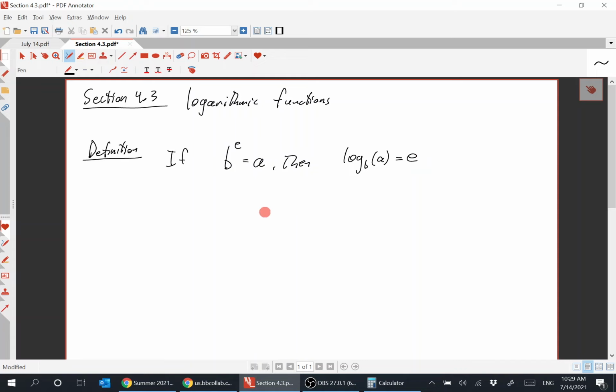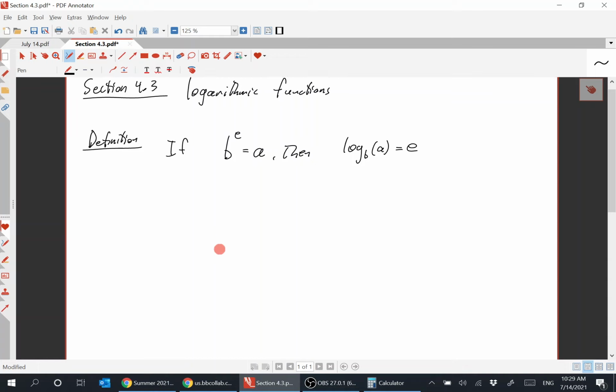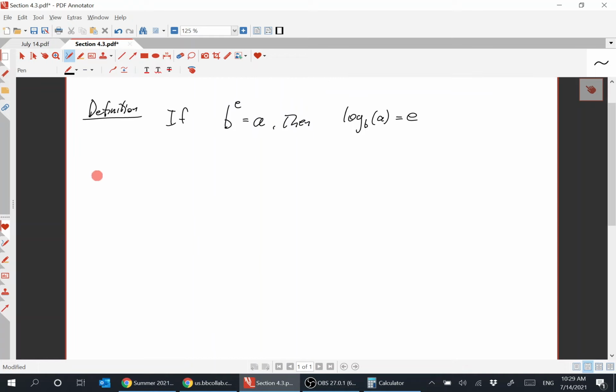So in the exponential expression, the base goes down here. The argument of the function is this right here, the result of the exponential expression, and the value of the log is the exponent. What this means is that, so note the following.